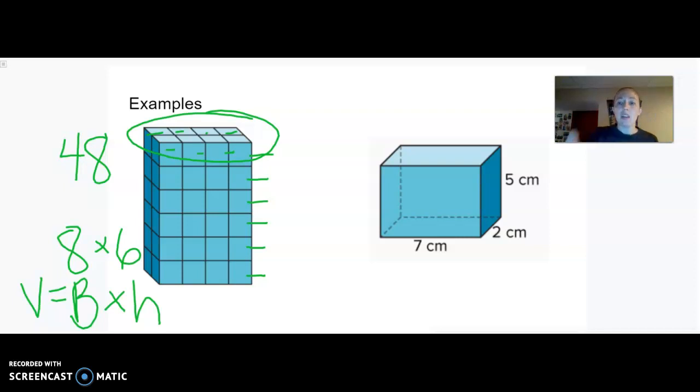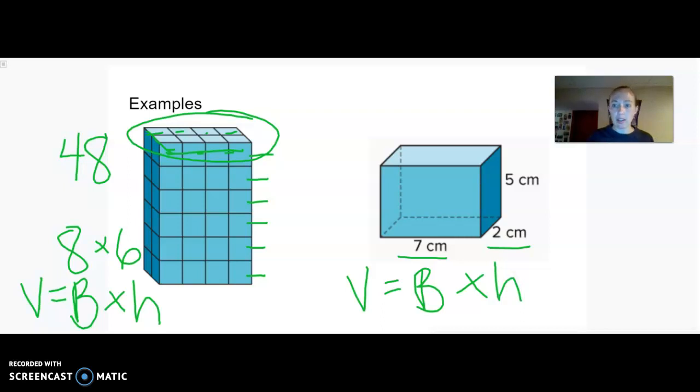All right? Go ahead and try the second one. Remember, you're finding the volume. You're going to multiply to get the base. On this one, I could have done 2 times 4. So remember, you can just do that times that to get the base, and then multiply it by the height. Give it a try. All right.